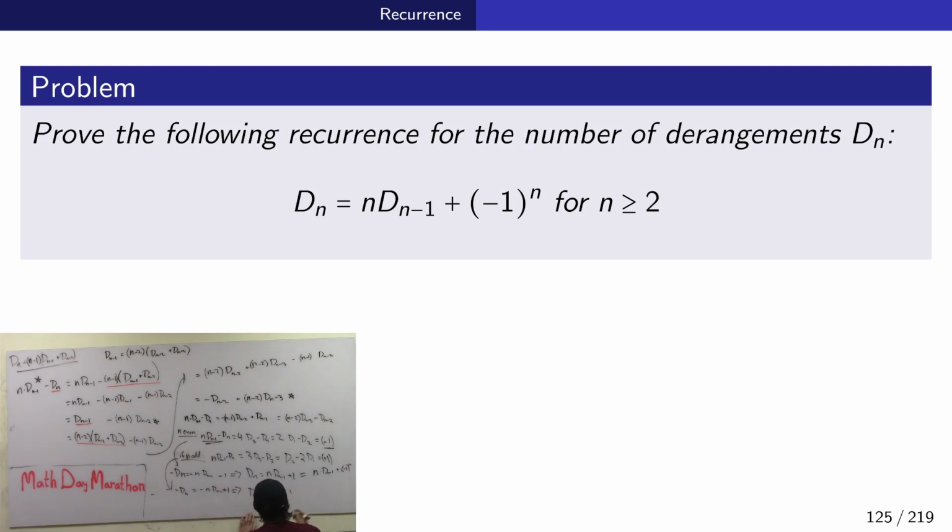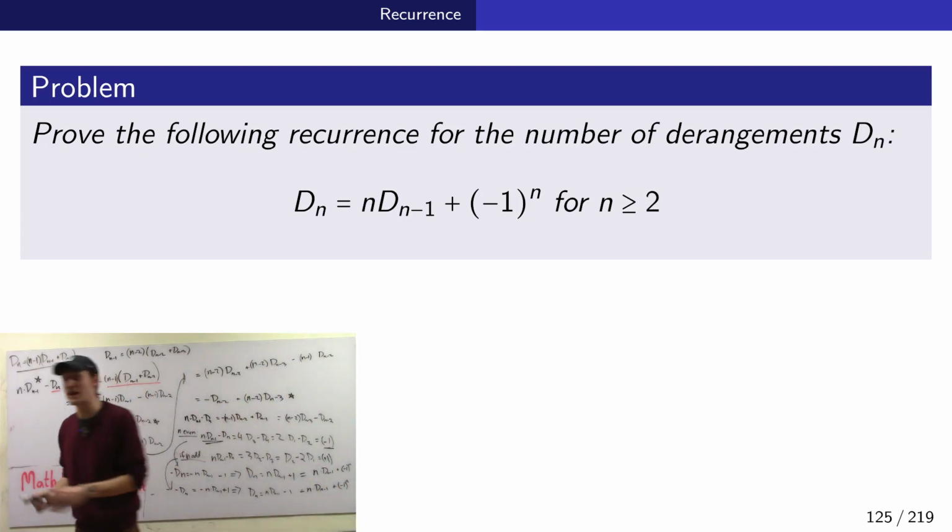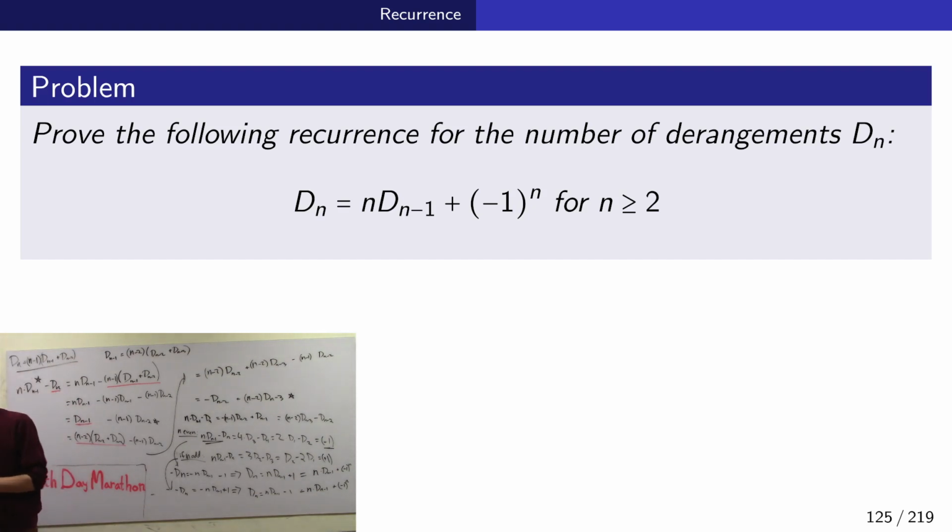And in the case of n odd, we have this equal to n times d sub n minus 1 plus (-1)^n. So it's true for the case of even or odd n. This is sort of gnarly, I would say.